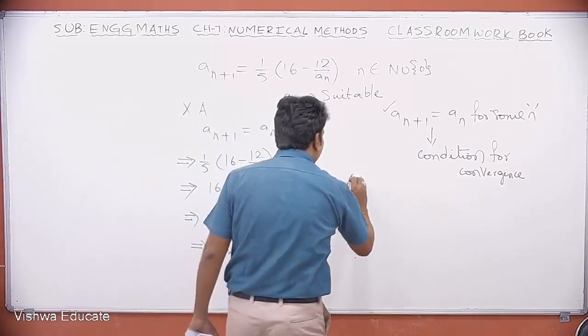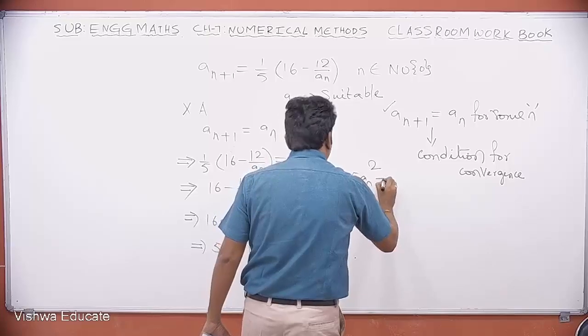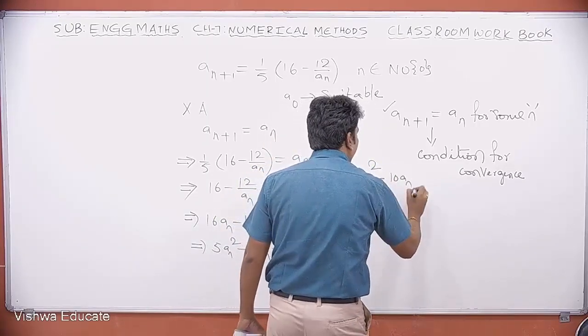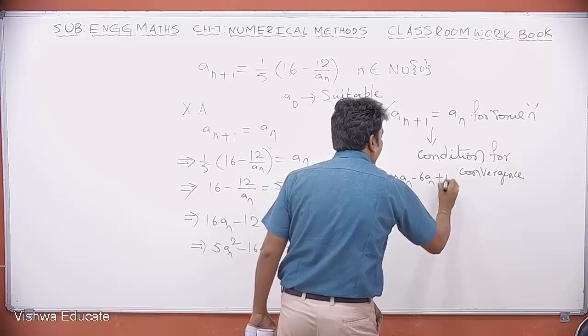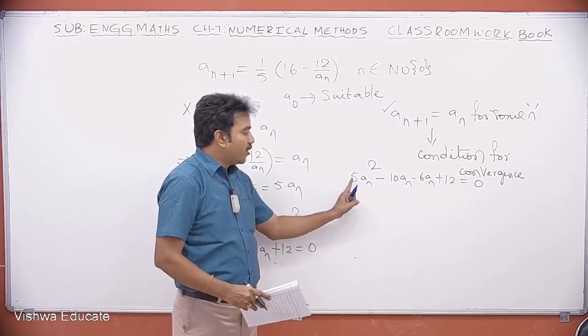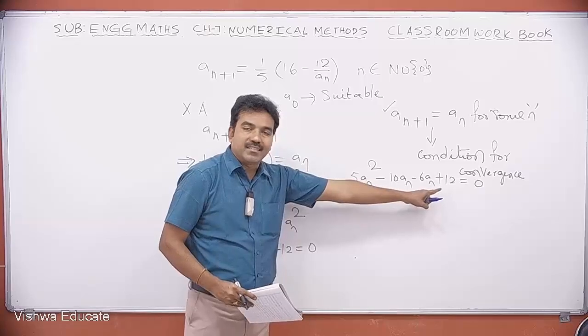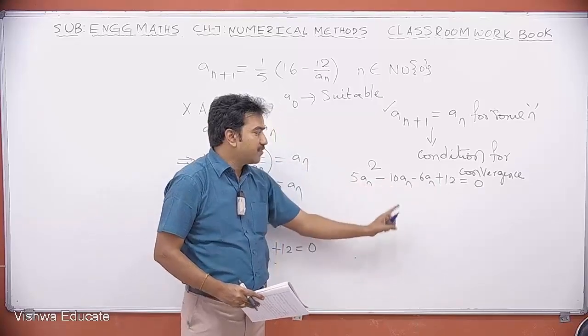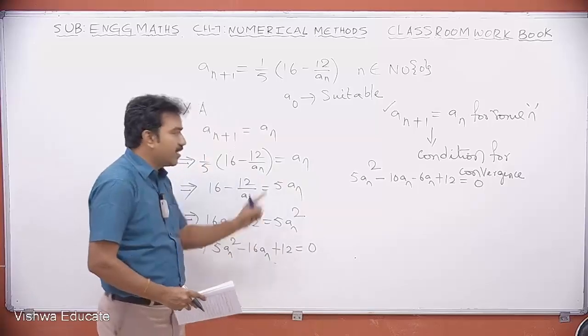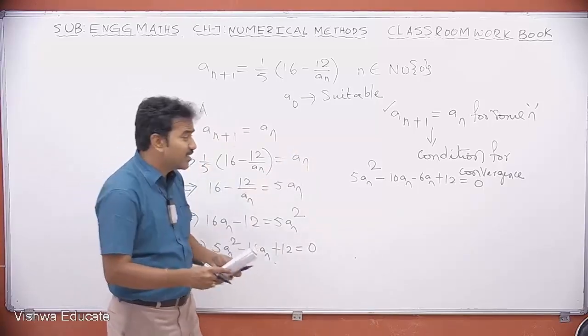So therefore this is 5 a(n) square, and this 16 I can write as minus 10 a(n) minus 6 a(n) plus 12 equal to 0. Because when you multiply 5 into 12, you will get 60, and the factorization of 60 is 10 and 6. So 10 plus 6 is 16, 10 into 6 is 60.